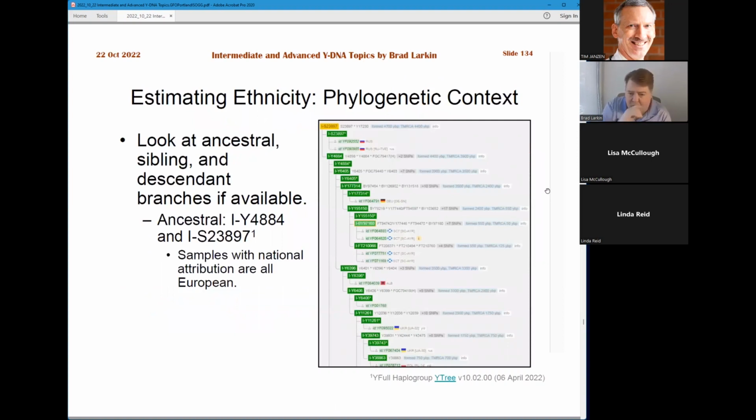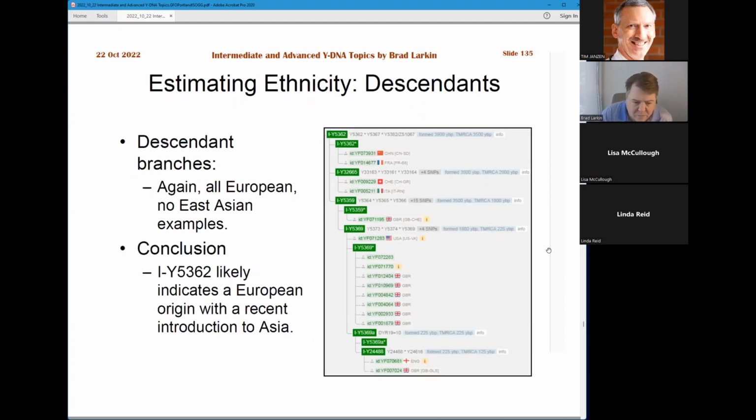So the phylogenetic context helps inform that. If we zoom out a little bit, look at the ancestral, the sibling, and the descendant branches of this branch, what we'd see there is that the samples are pretty much all European. If we look at the descendant branches of 5362, again, they're all European, they're not East Asian.